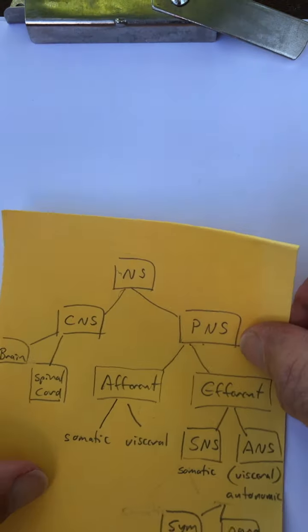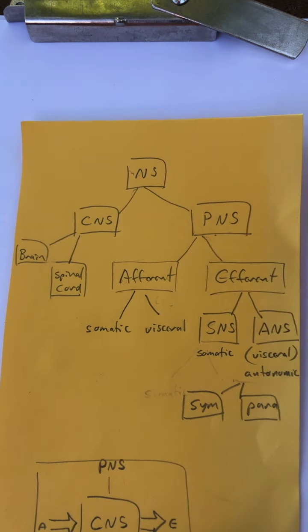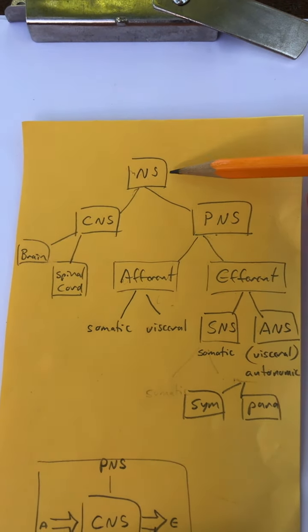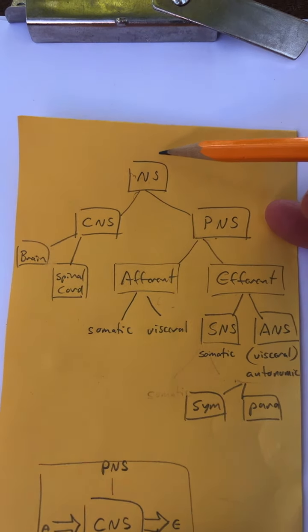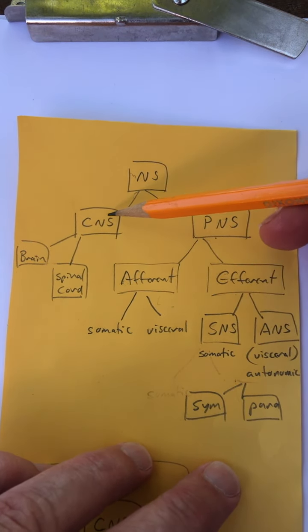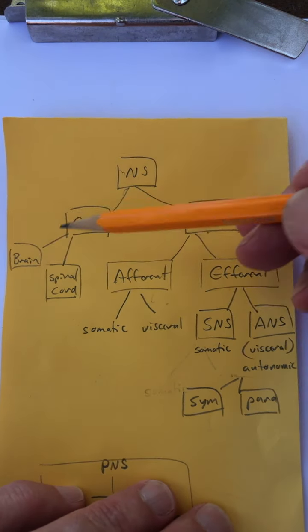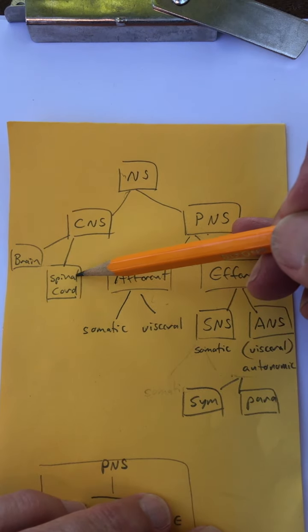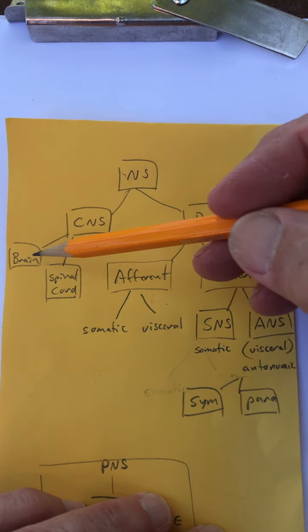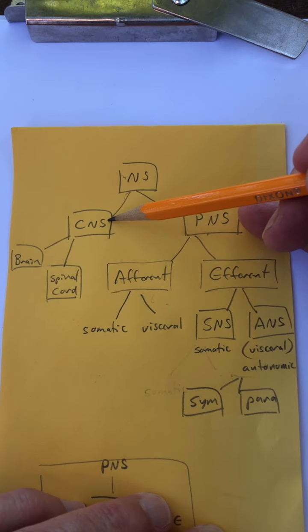Another way to look at it, in a big broad kind of way, is to say, okay, here is the nervous system. And the nervous system is divided into the peripheral nervous system and the central nervous system. The central nervous system is then subdivided into the brain and the spinal cord. And again, we've already mentioned, those are the only two organs inside the central nervous system.